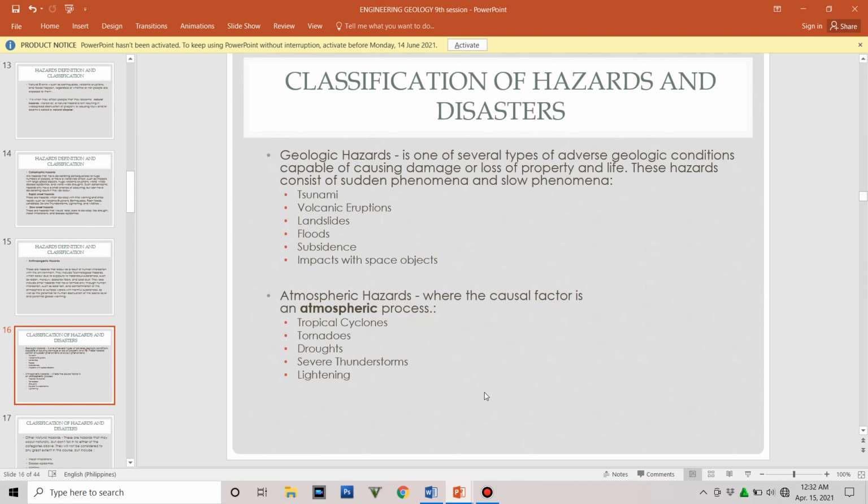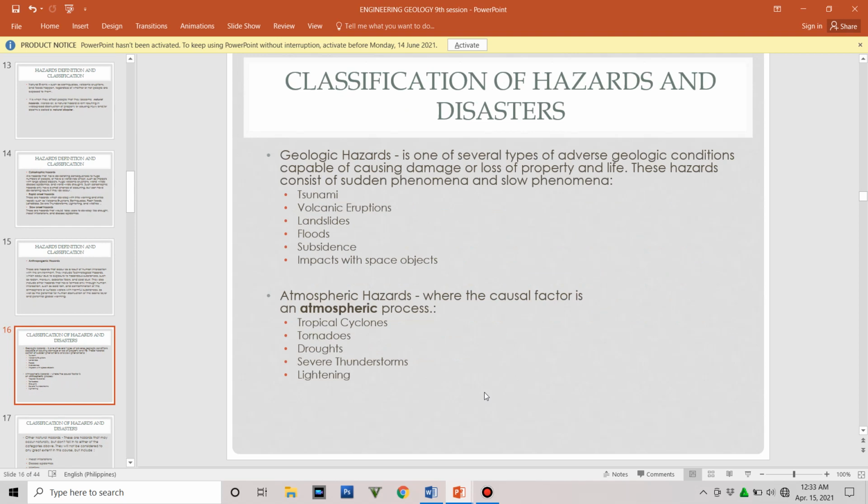So we also have the classification of hazards and disasters. Geologic hazards is one of the several types of adverse geologic conditions capable of causing damage or loss of property and life. These hazards consist of sudden phenomena and slow phenomena.